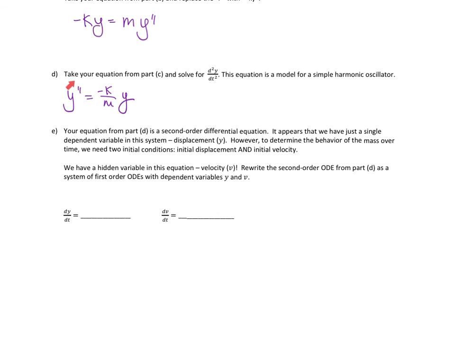Okay, so I could write this as y double prime, or as v prime. They are the same. And then to fill out the system, I have to write dy/dt, that's the derivative of position, which is just velocity. So dy/dt equals v, and dv/dt equals negative k over m times y. And that's it.